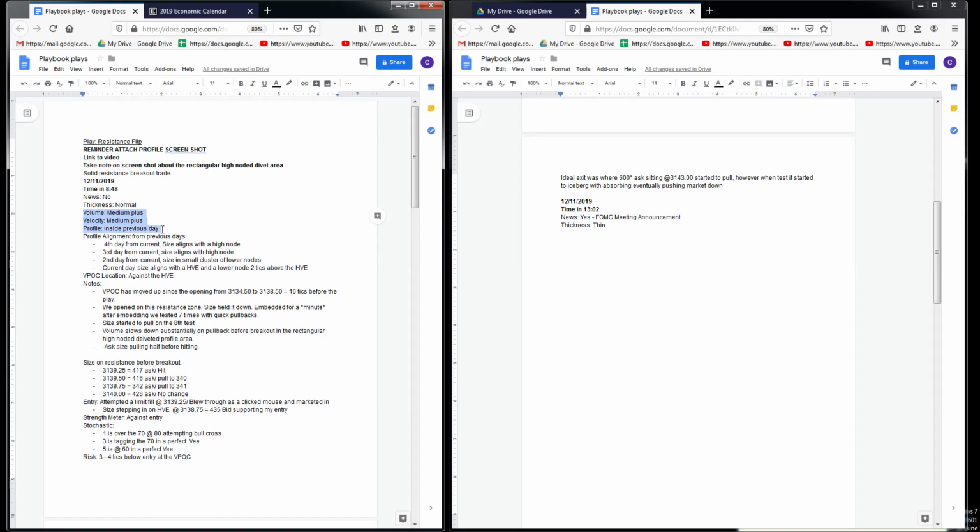I'm trying to think of this profile alignment. This particular size came in at the VWAP at 137. We do need to look at a chart. So I do need to pull up a chart on this.